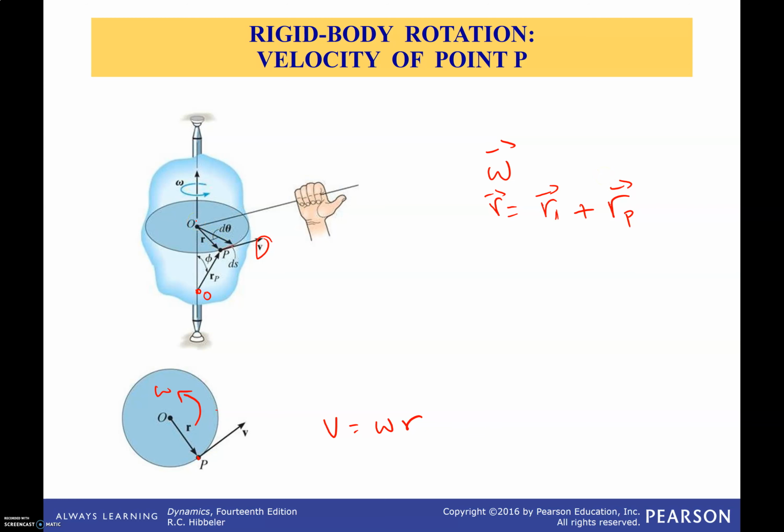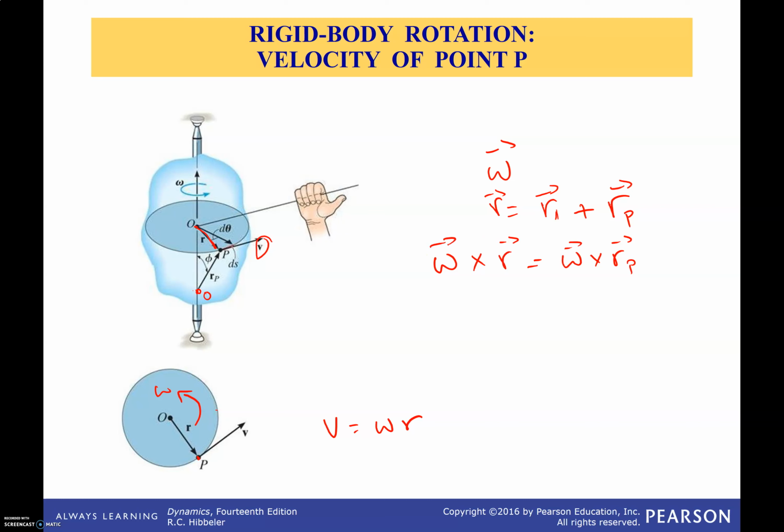So this is rP, and this is r parallel. Now what happens if I take the cross product omega cross r? Omega is a vector parallel to r parallel, so that term is going to be 0, and this is just omega cross rP, and these are all vectors.